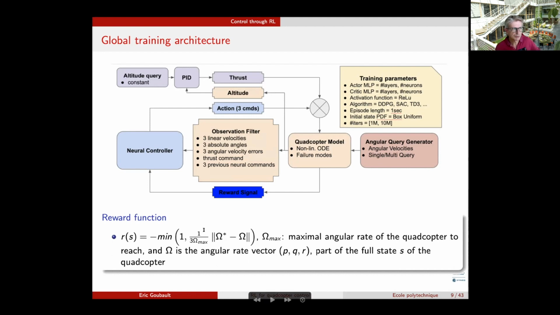So it will try to do some sort of optimal control with the dual reward, which is the cost function. And the reward we have chosen to use is just basically the clipping of the one norm of the difference between the target angular rates with the current angular rates, which are always part of the observation states.